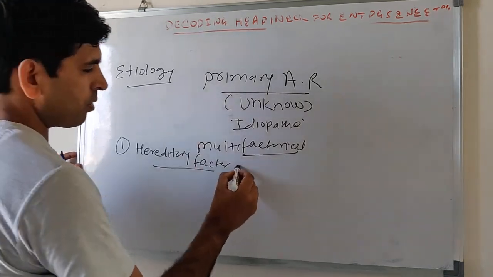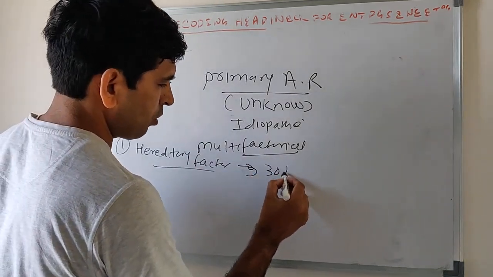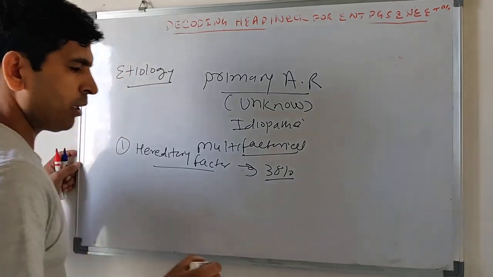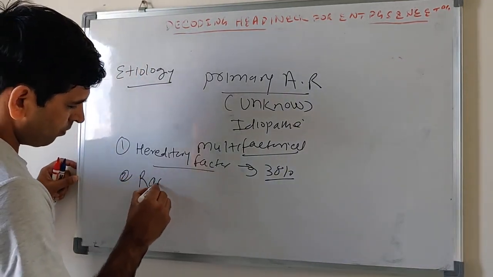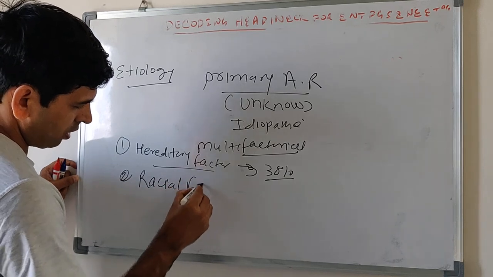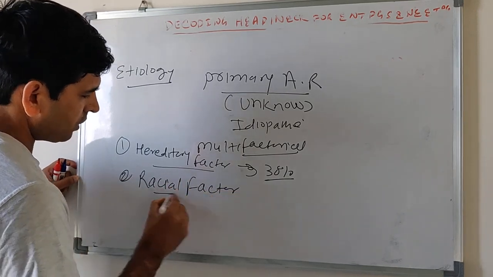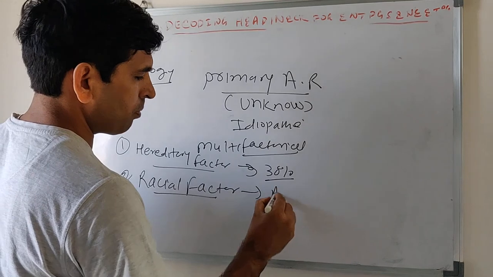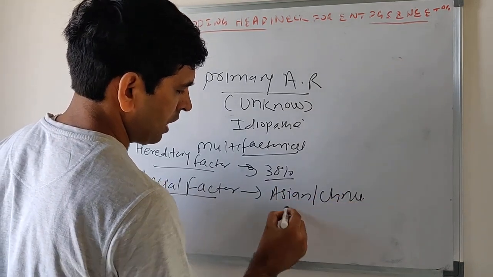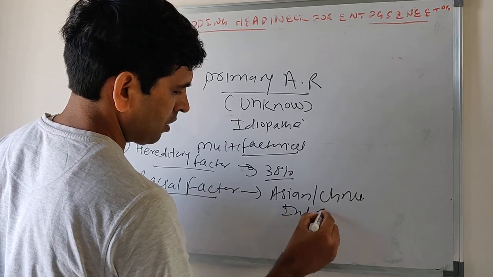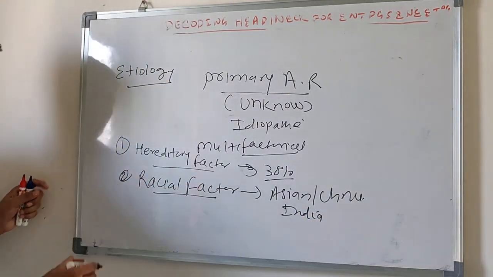In 30% of cases there may be hereditary involvement, family to family. There may be a racial factor, which is more common in Asian and Chinese populations, like India and Bangladesh.